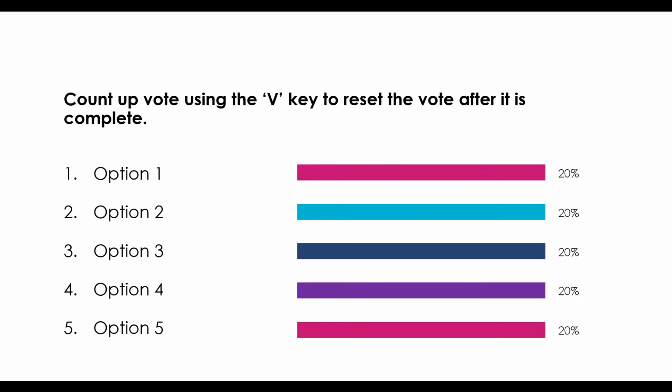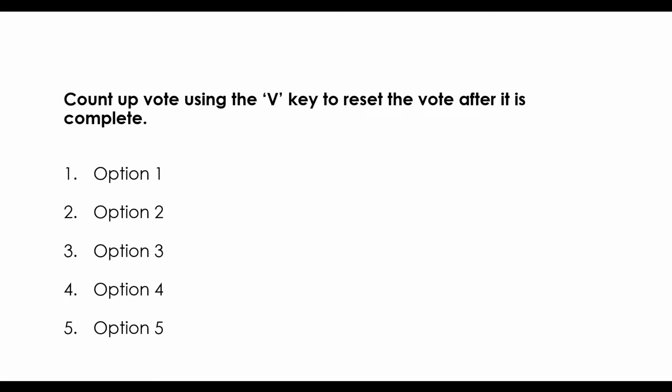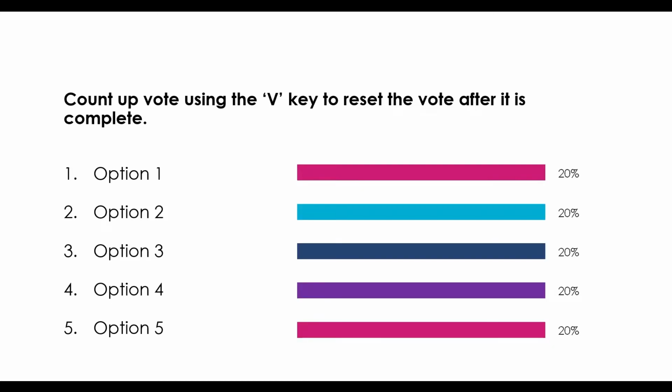Now that the voting slide has data on it, the graph has appeared, we're going to use the V key to restart the vote. Once you have pressed the V key, the graph will disappear and the votes box will come back. It is very important to note, however, that when you do this, whatever data was collected on that voting slide will be cleared.